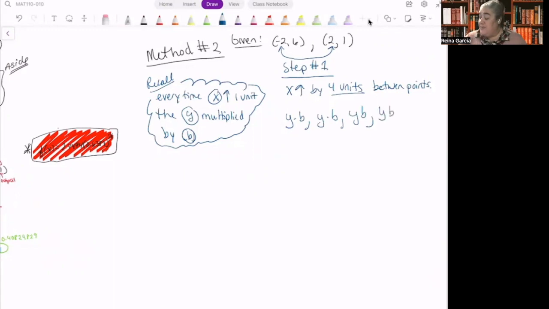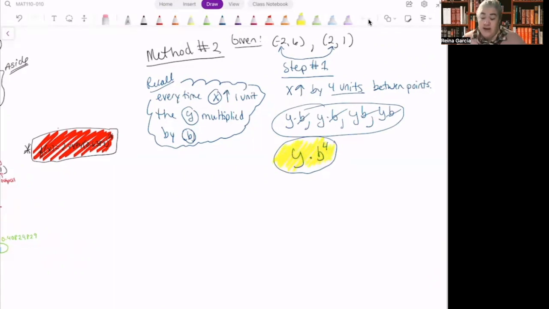Well, obviously, I can rewrite this as y being multiplied by the b 1, 2, 3, 4 times. So b to the 4th power. Okay? So once I have reasoned this out, this is the important part for step 1. I have reasoned out that my y got multiplied by b to the 4th power. I am ready now to move on.